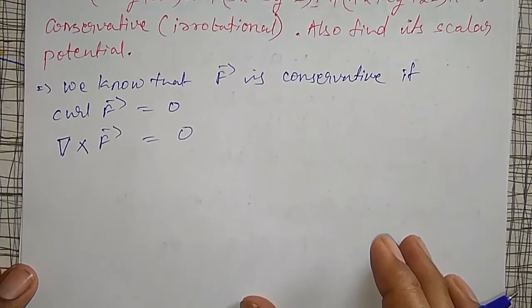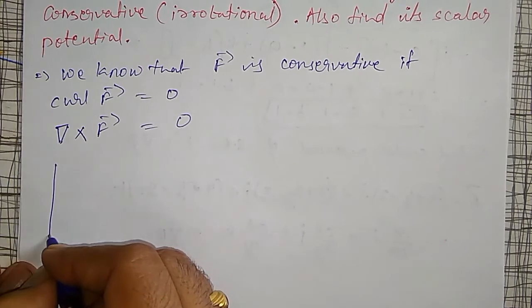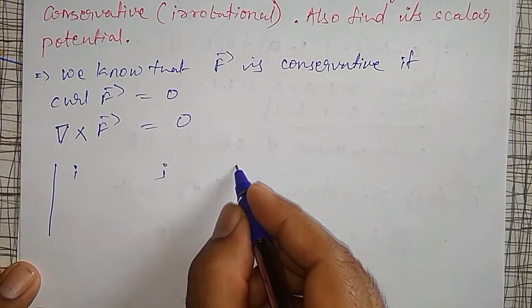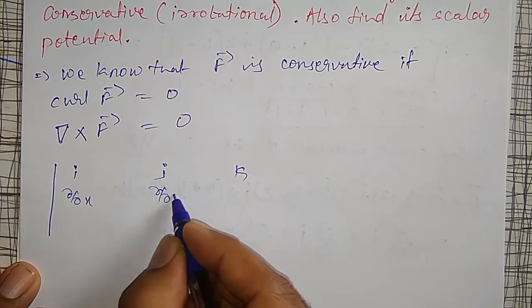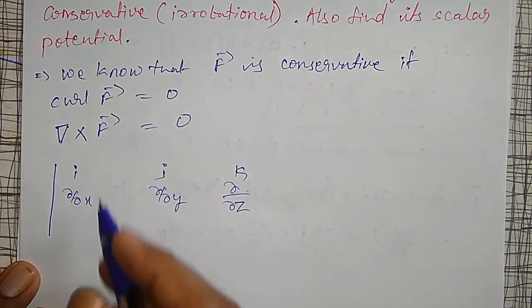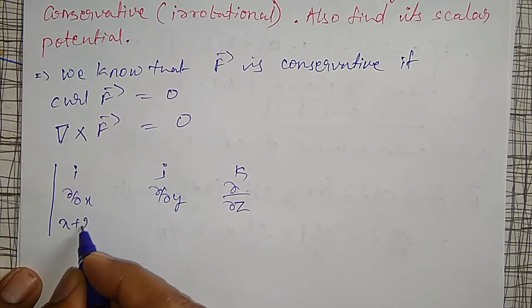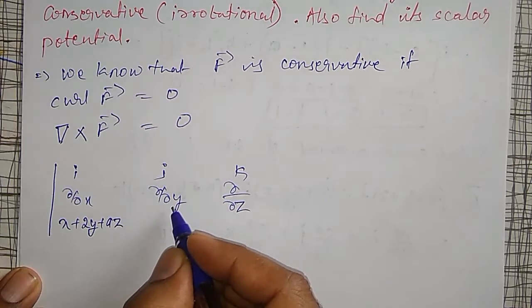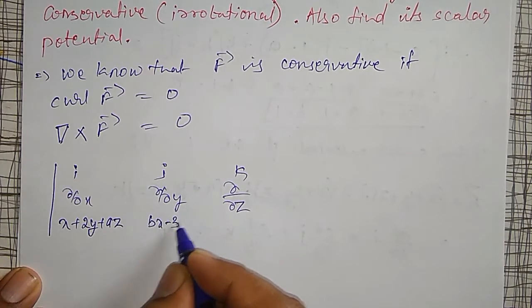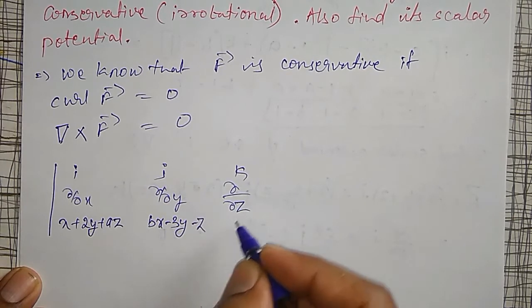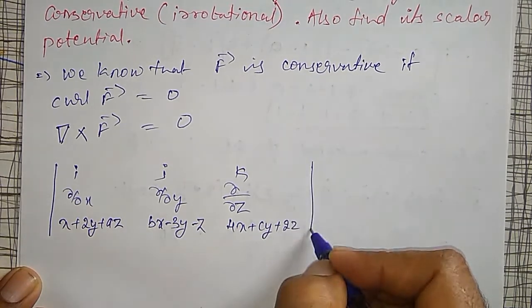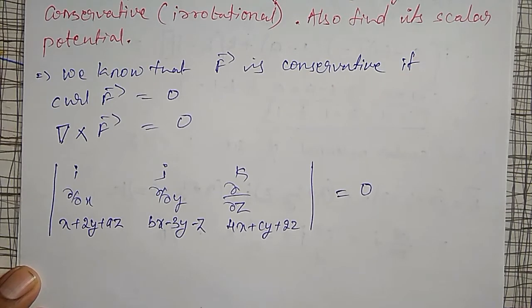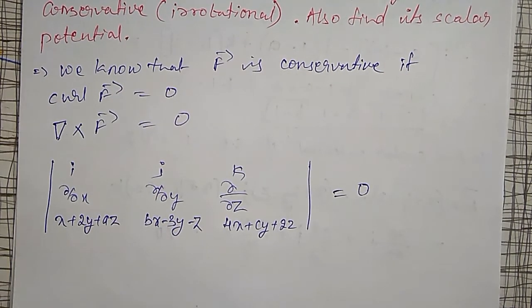Here del cross f is defined by the determinant of i, j, k, dou by dou x, dou by dou y, dou by dou z, and f components: x plus 2y plus az, bx minus 3y minus z, and 4x plus cy plus 2z. This determinant I have to solve and equate to 0 to find the values of A, B, C.